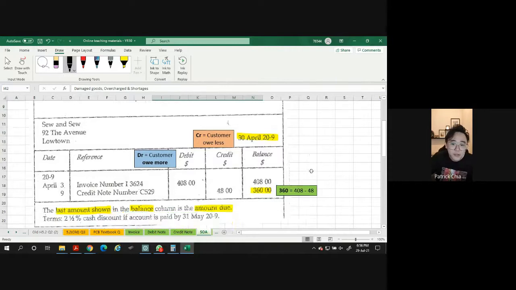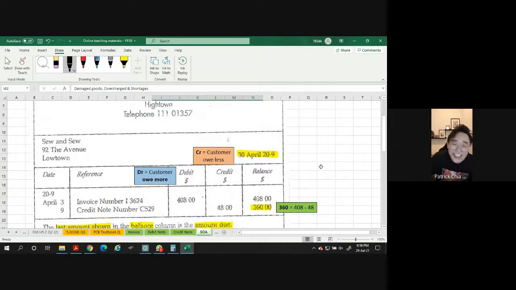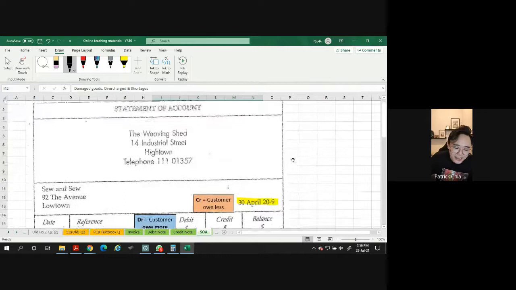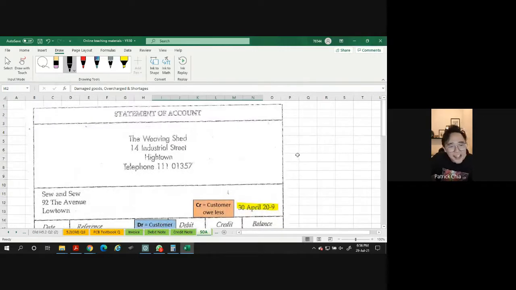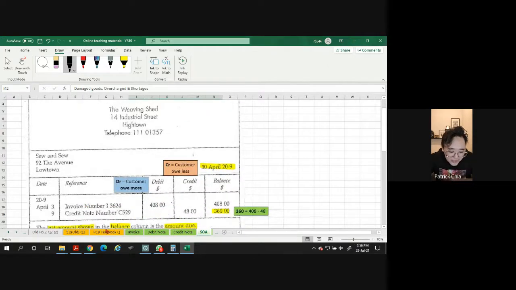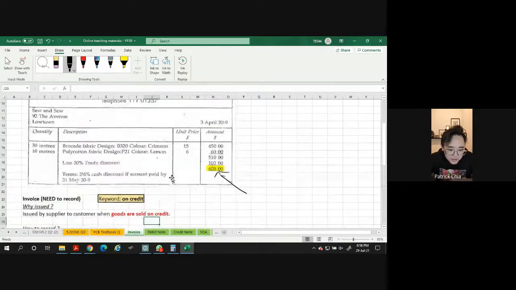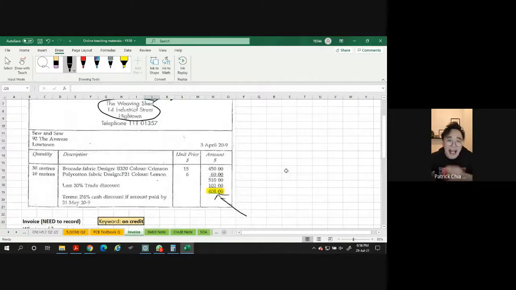All right, so what is their favorite, guys? In IGCSE, their favorite apparently is actually the statement of account. Why do they ask about the statement of account? What's the difference between a statement and an invoice? The invoice is the template, can you see? The invoice shows in detail how many units, what they bought, how much for one unit.